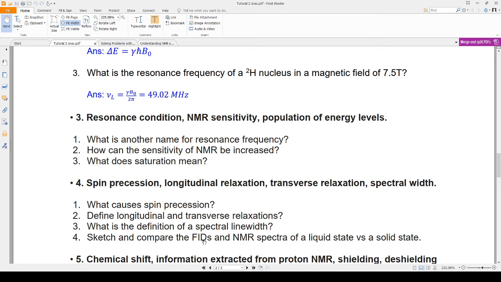Now sketch and compare the FIDs and NMR spectra of liquid state versus solid state. We have discussed that the liquid state will have a longer FID, so it decays over a longer time, and it has a very sharp peak. In comparison, the solid state usually has a short FID, and it will have a shorter and broader peak, so the line width is broader.